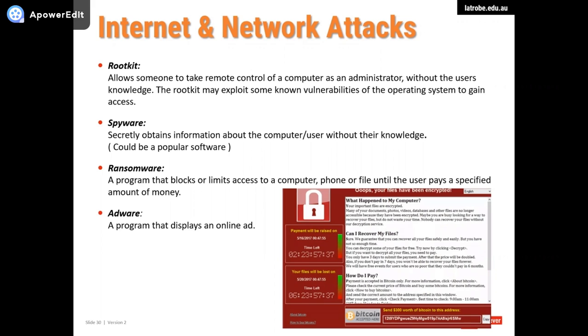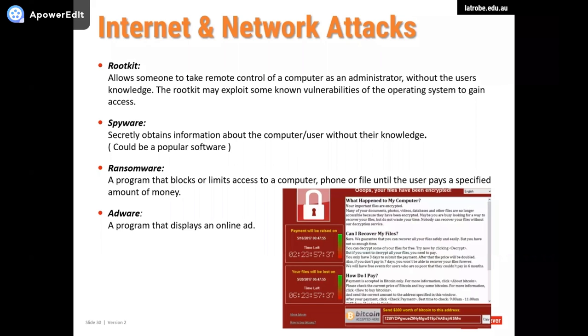Next is spyware. Spyware will secretly obtain information about the computer or the user without their knowledge. Spyware is different from a rootkit because spyware does not need to have full control of your system. Another thing is that for many pieces of software, it's hard to tell the boundary.